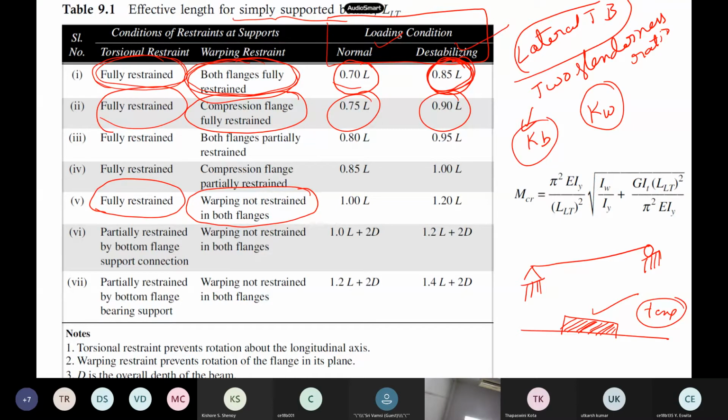It's a free iron flat which is just lying there. If I increase the temperature, what happens to its stress?